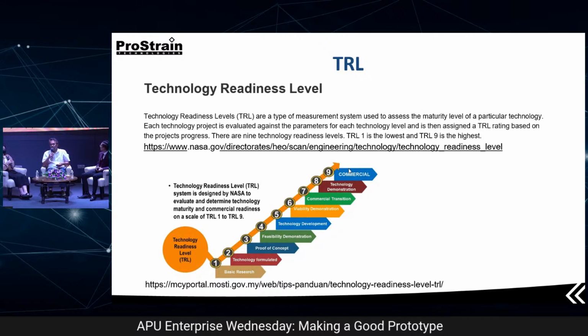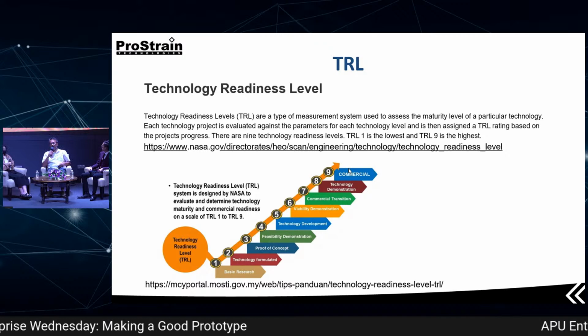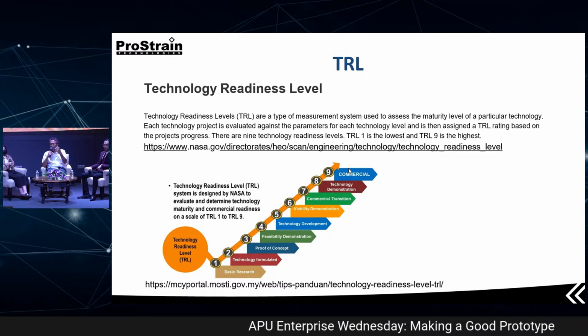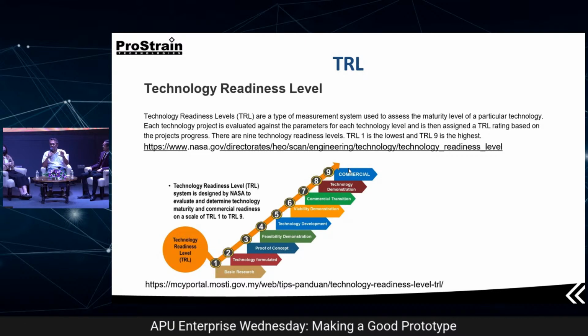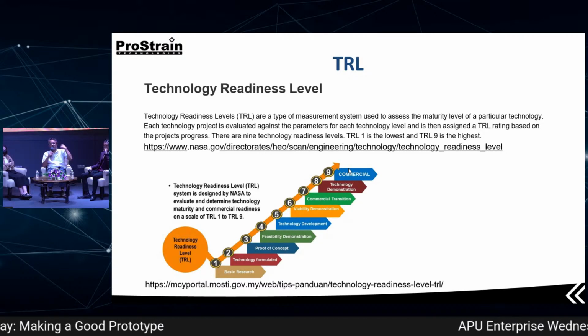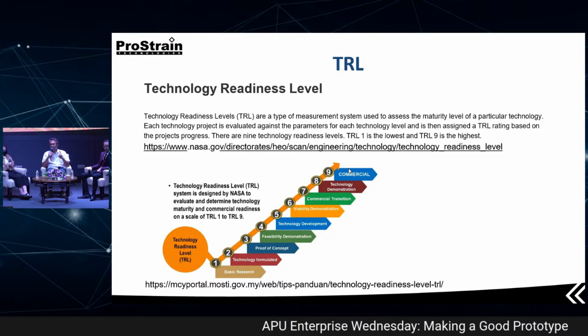The first one is basic research. Sometimes whenever you want to do a very novel prototype, you have to go to the basic one, which is research. Whenever we talk about research, it is something that does not exist in the world. That is the definition of the first one.